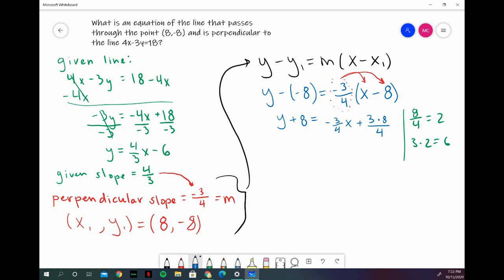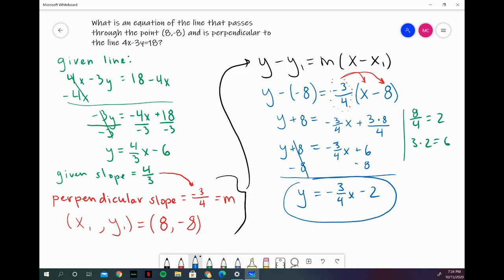So I'm going to simplify this equation to be y plus 8 is equal to negative 3/4 times x plus 6. Now to get y by itself, I'm going to subtract 8 on both sides. And when I do that, I get y is equal to negative 3/4 x minus 2, because 6 plus negative 8 gives me negative 2.